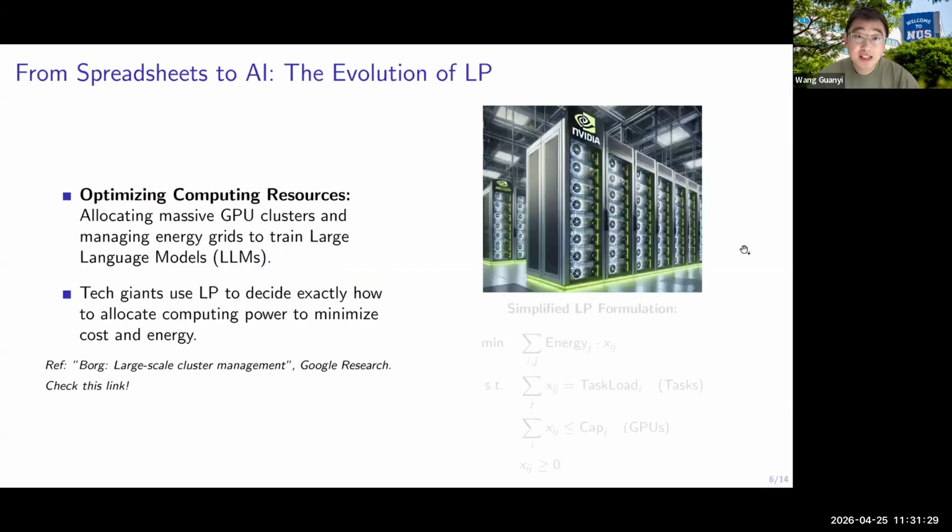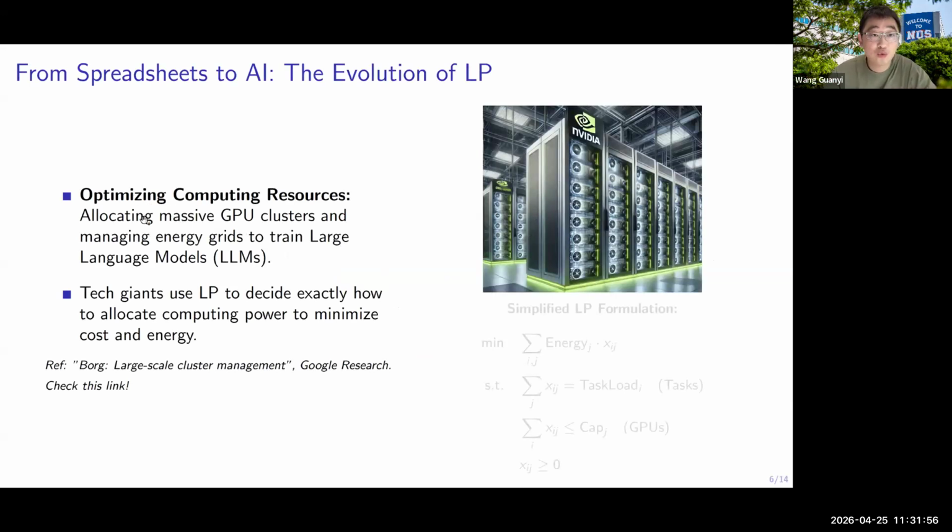Okay, let's move on to see some examples that utilize linear programming. As you can see from the right-hand side, this is an illustration of a data center utilizing a lot of NVIDIA GPUs.